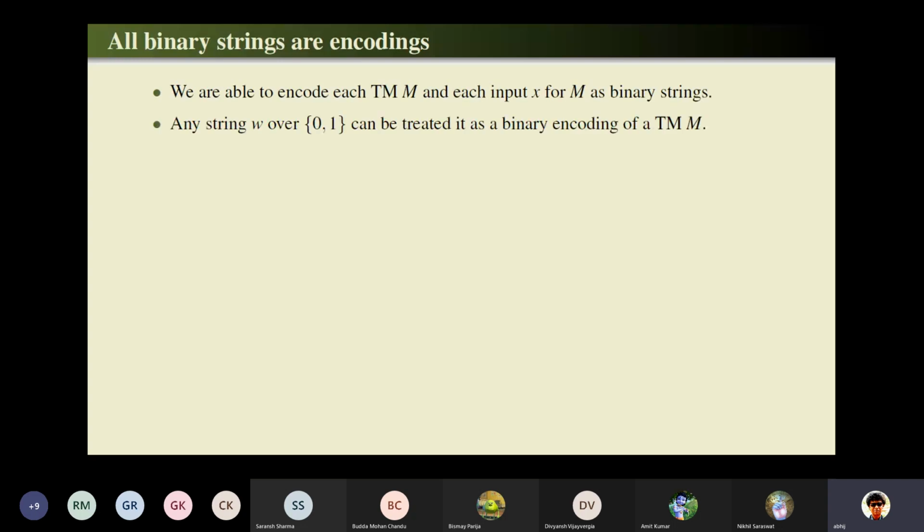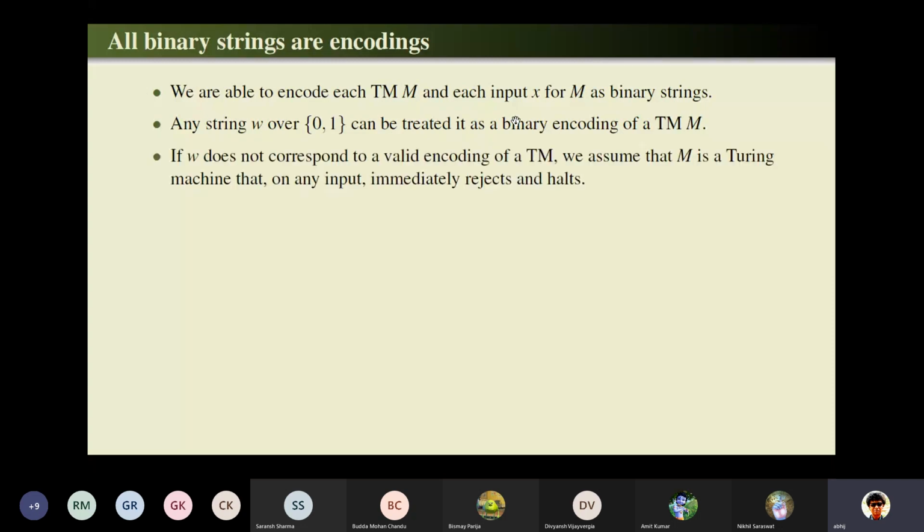But then, if some string does not correspond to a valid encoding, which a Turing machine can check, we will assume that this is a special machine. So any string can be treated as a binary encoding of a Turing machine.